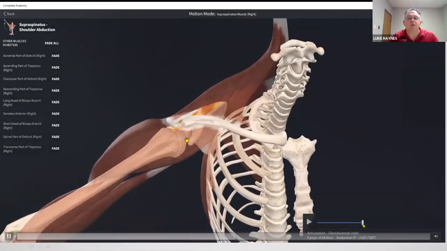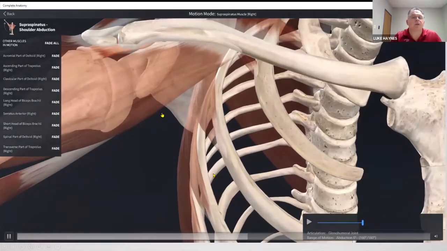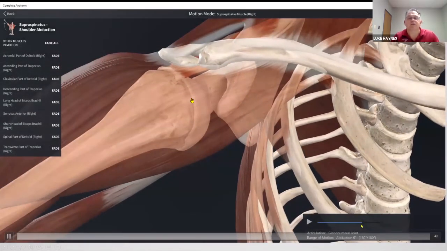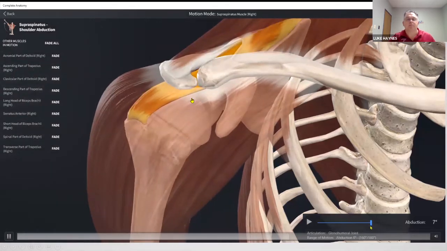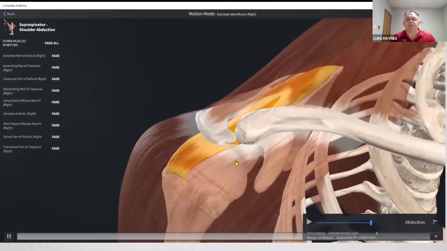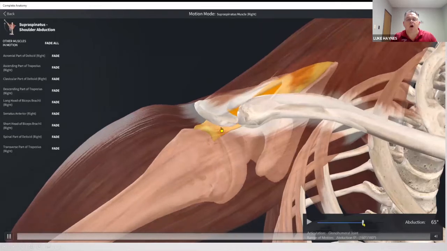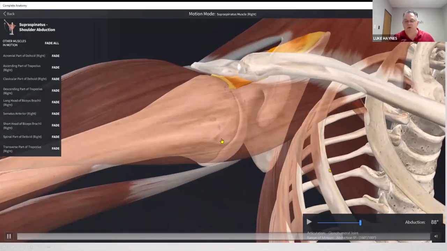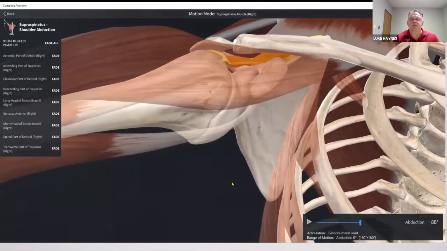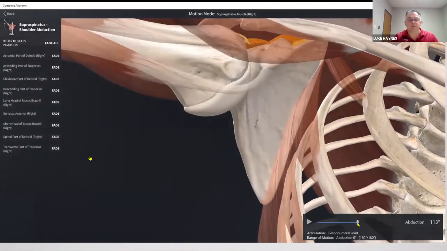Okay, here you've got a view from the front where you can see there's not a whole lot of space in there. So if those tissues are already inflamed, that impingement is going to be a big issue, and it becomes very easy for that muscle to get caught, and then it changes the dynamics, the mechanics of how this thing moves. So the impingement causes a lot of other issues that we have to deal with.